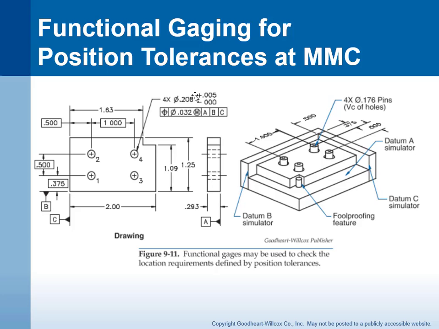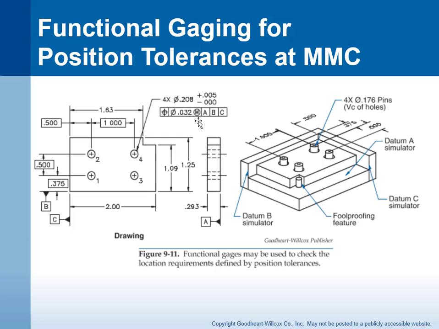Okay, so the features of a functional gauge are datum simulators to pick up the datums, one for datum A, one for datum B, and another one here for datum C. And then it has these pins for the holes that are built at the virtual condition of the hole, which would be the smallest hole minus this true position tolerance.